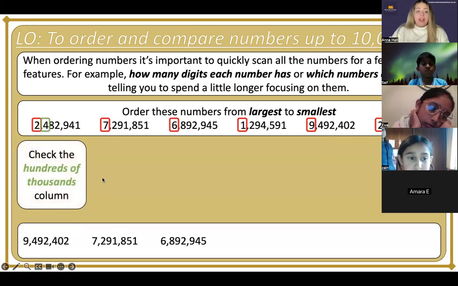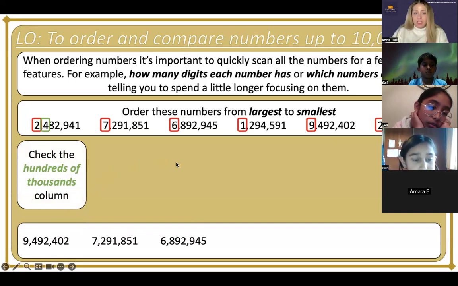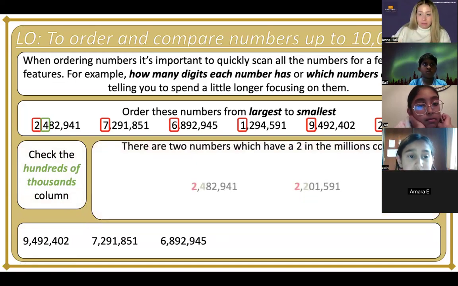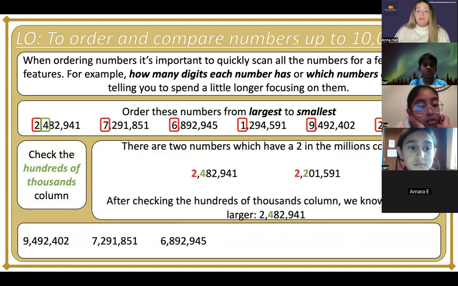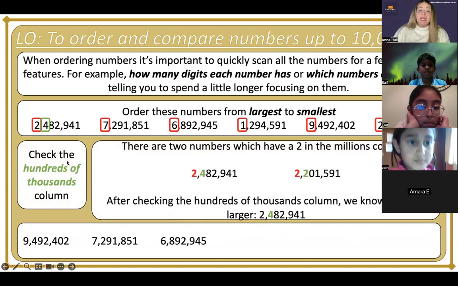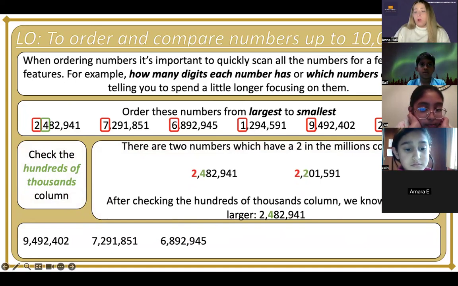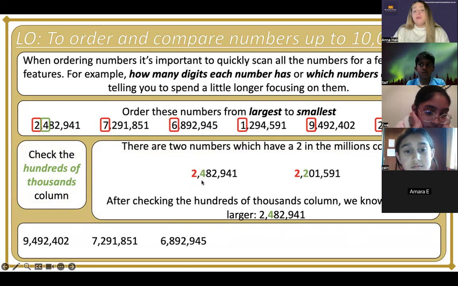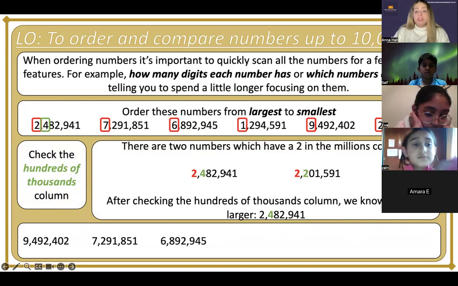Then we check the hundreds of thousands column. Okay, so we work from left to right. We check the millions, then we check the hundreds of thousands. There are two numbers which have 2 in the millions column. So these two, the one at the beginning and the one at the end. So we need to compare these two numbers by checking their hundred thousands.